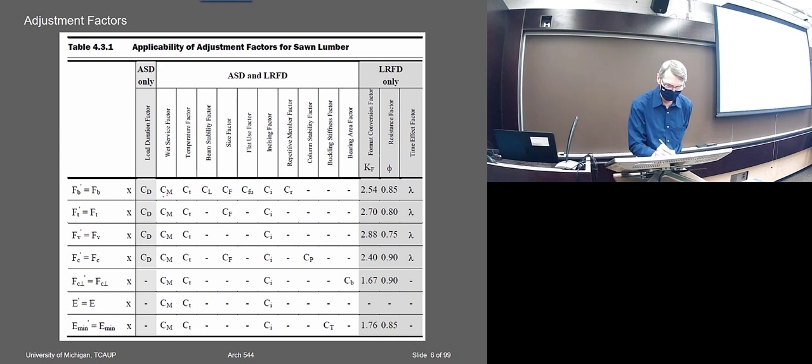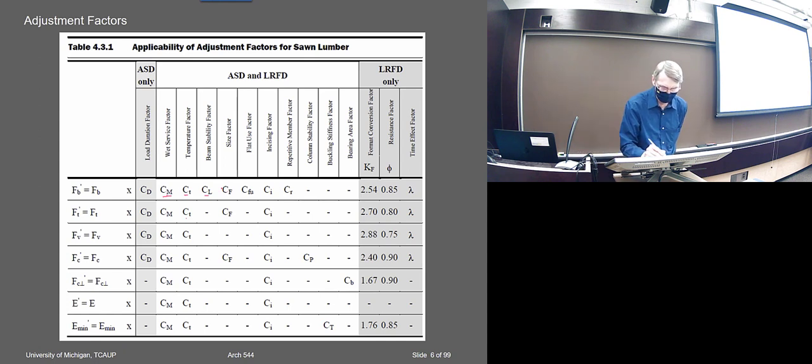So the wet service factor is only applicable if it's wet, right? If you're dry and indoors, then that's not even going to apply. Or the temperature factor only applies where there are elevated temperatures. So if you don't have that, that doesn't apply. Beam stability factor, you usually try to brace it sufficiently so that that one would be 1.